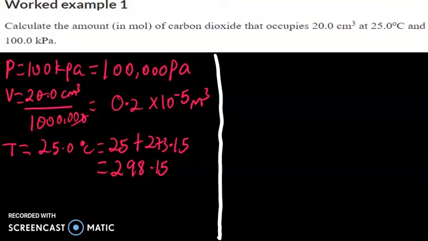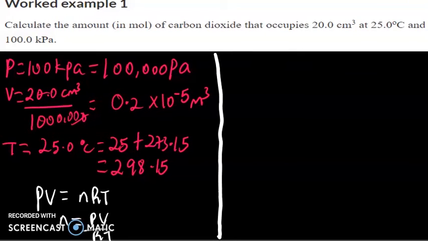So now we have all of this, we can calculate them all. The original formula, always start from this formula. So n becomes PV over RT.